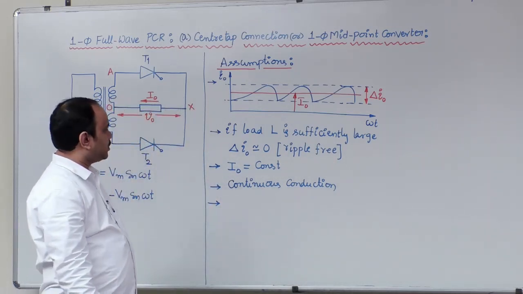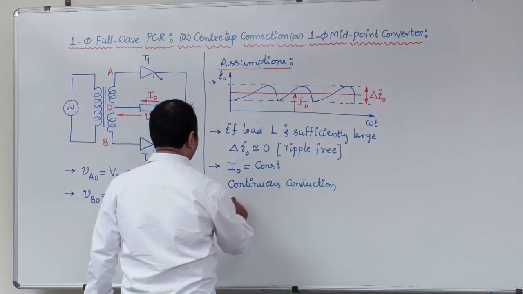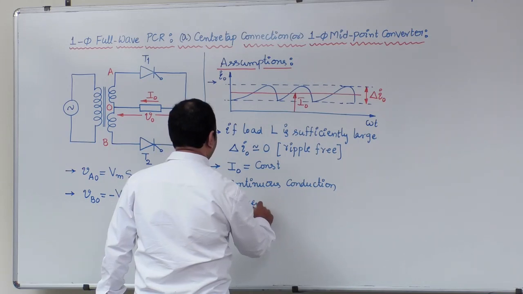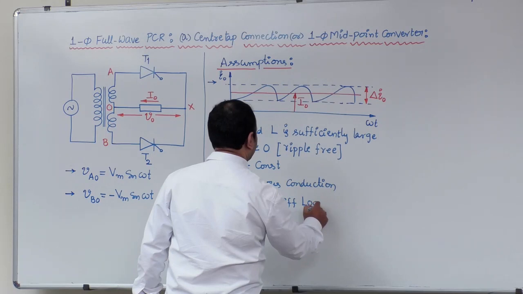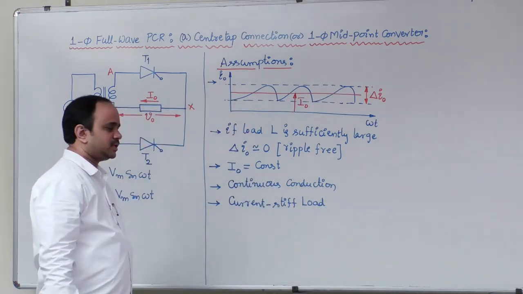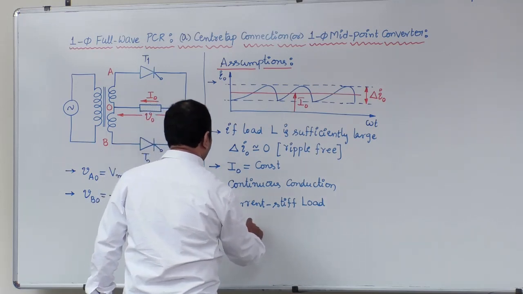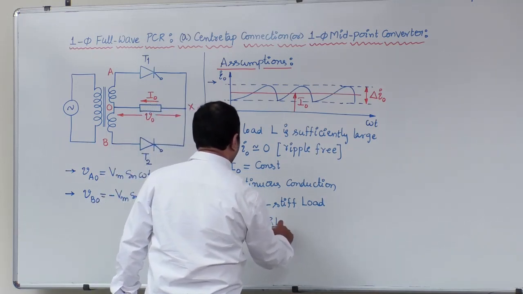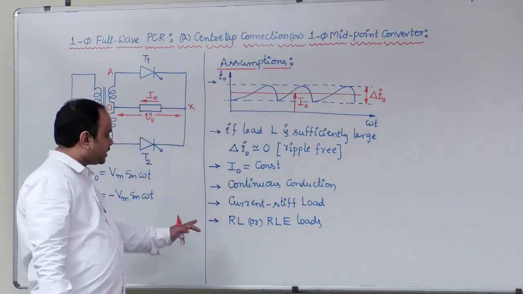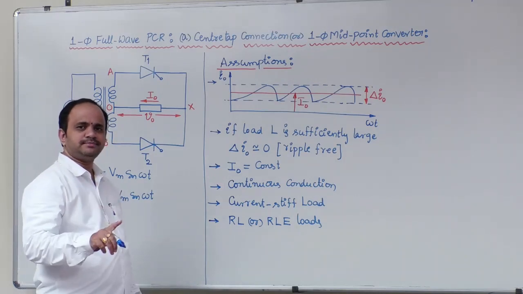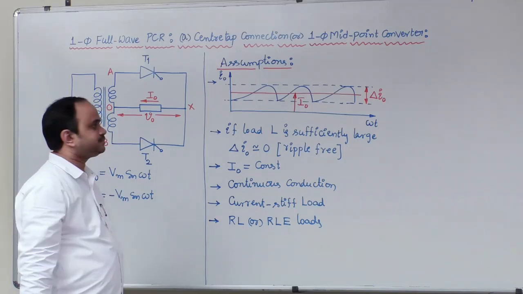Under these conditions, we can also say that the load is a current stiff load. These types of conditions or assumptions will be possible only for either RL or RLE loads with sufficiently large inductance.